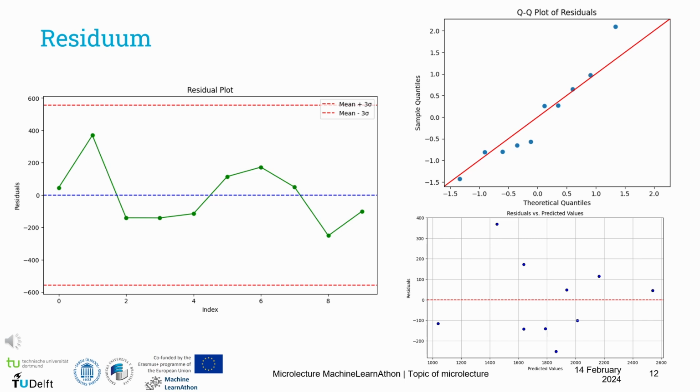Since most points align with the red line, the residuals appear approximately normal. The bottom right plot shows residuals versus predicted values. The lack of a clear pattern suggests constant variance, or homoscedasticity. Altogether, this diagnostic supports that our model provides a good fit to the data.